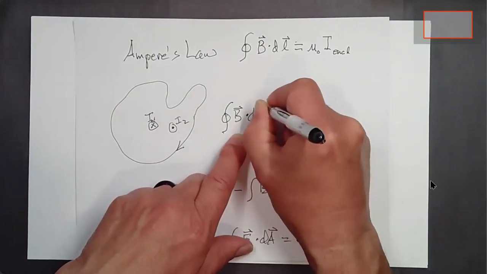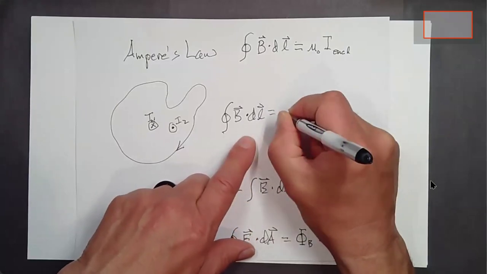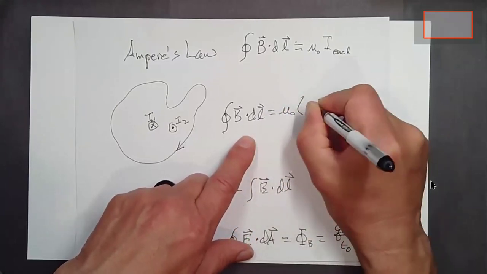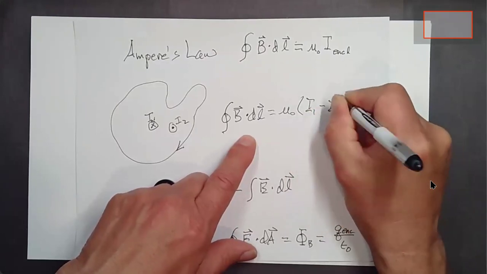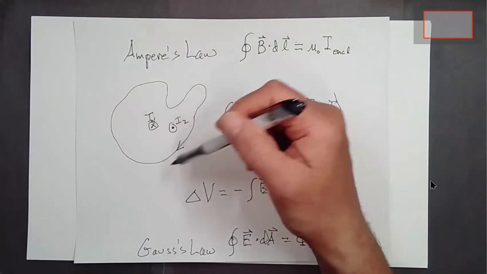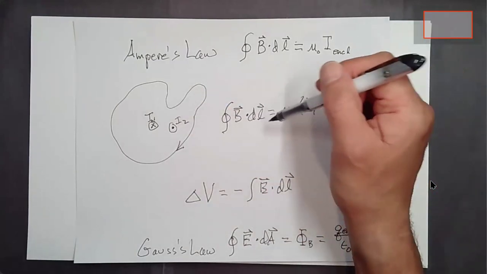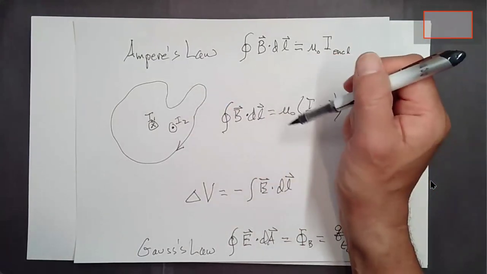B dot dl would actually equal mu naught times I1 minus I2. And so you can do it for any number of these things, and this weird integral ends up equaling that.